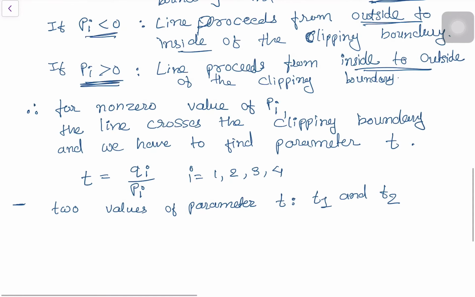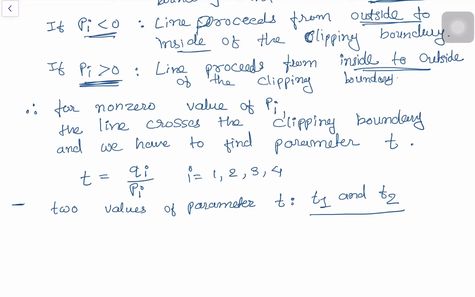What do t1 and t2 define? They define the part of the line that lies within the clip rectangle.